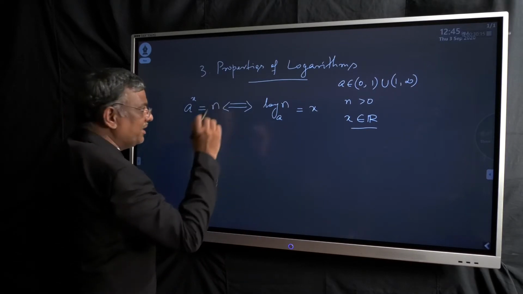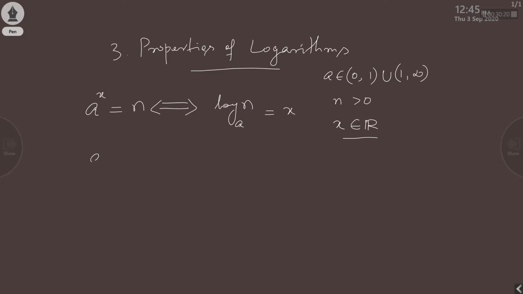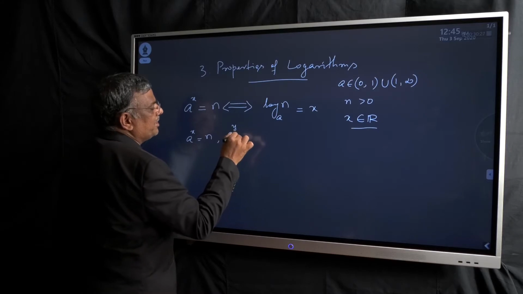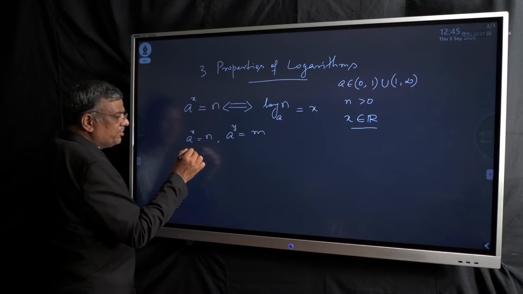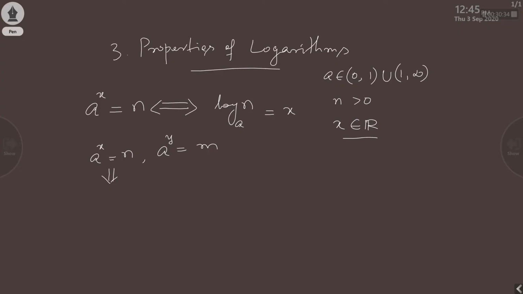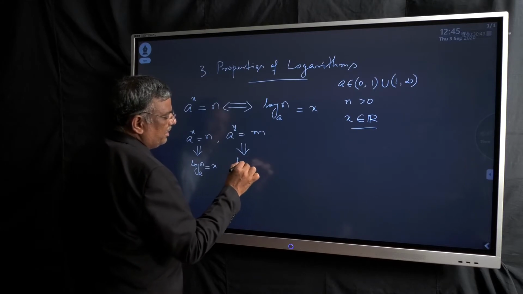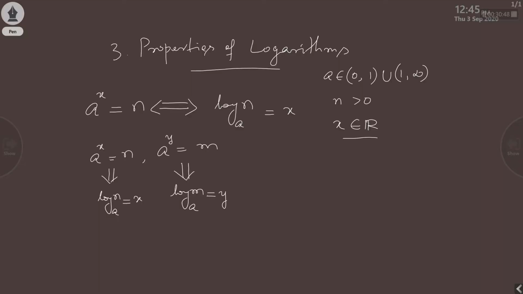So the properties are these. Suppose a power x is equal to n and a power y is equal to m. From a power x equal to n, I get that the logarithm of n to the base a is equal to x, and from the other, the logarithm of m to the base a is equal to y.